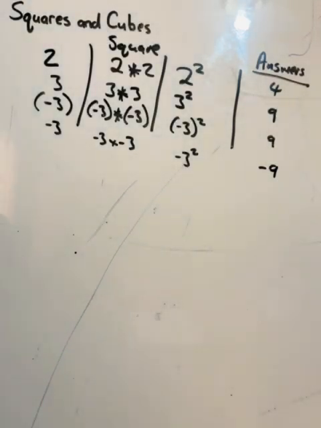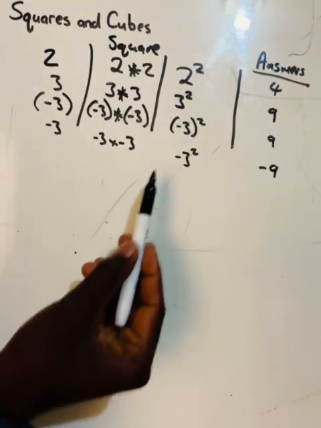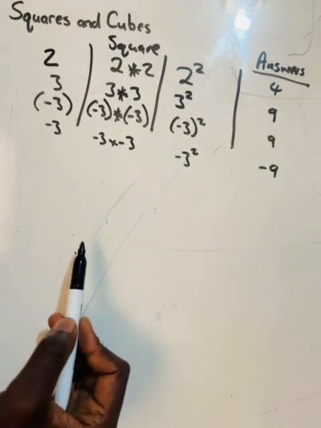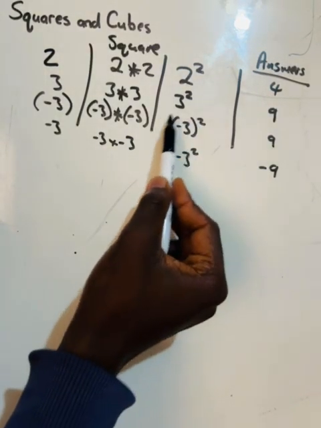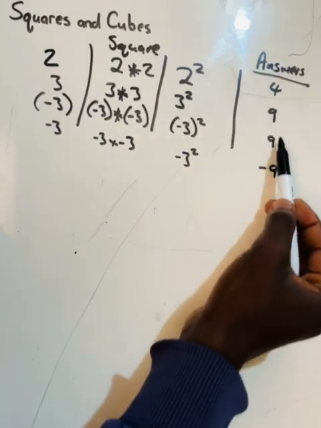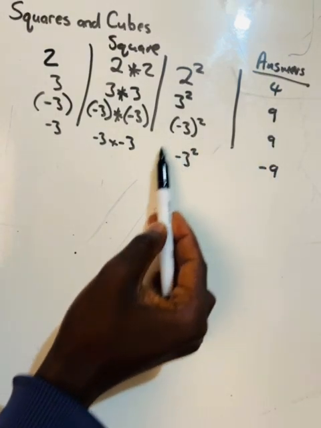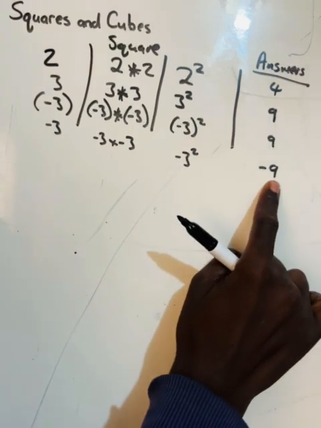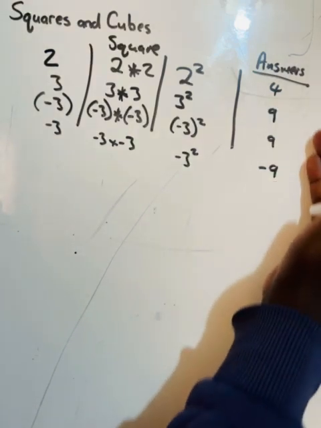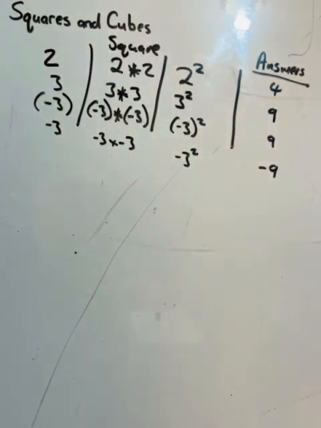Then the question arises: how come we have -3 inside the brackets and we got a positive 9, however we have a -3 which does not have brackets, and we got a -9? Why did we get different answers?